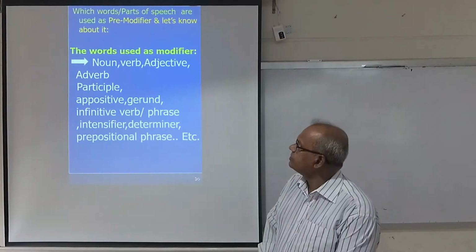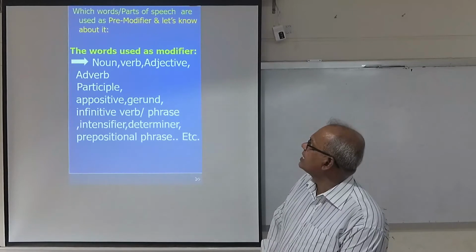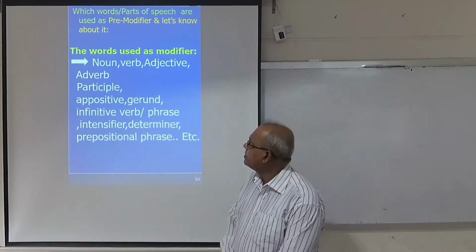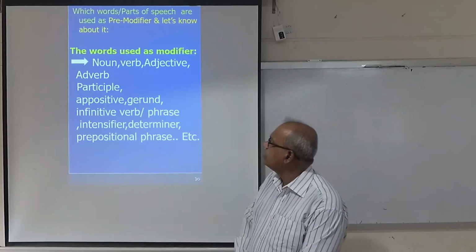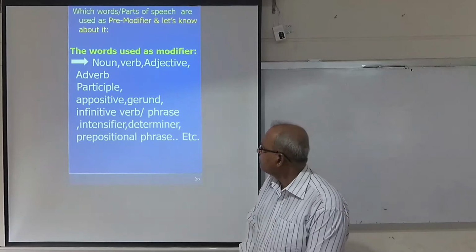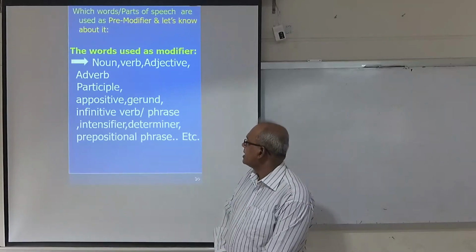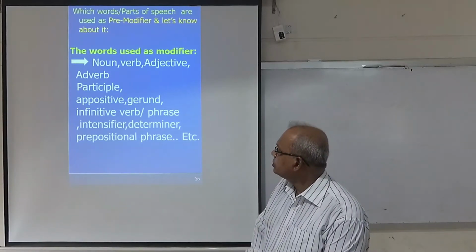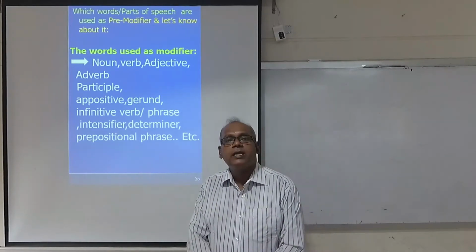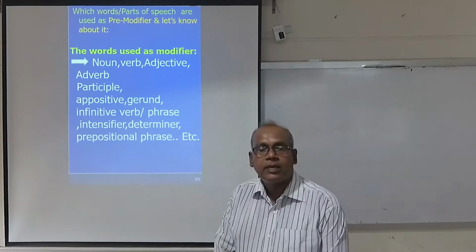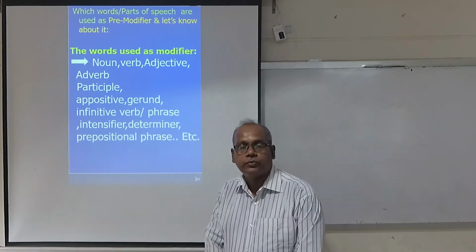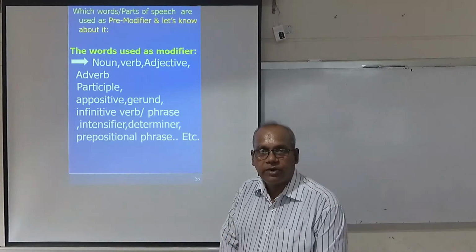Let's know about it. The words used as modifier: noun, verb, adjective, adverb, participle, appositive, gerund, infinitive verb or infinitive phrase, intensifier, determiner, prepositional phrase, etc. These items are very important. You can write down these names because it will be very needed for you to practice modifier.